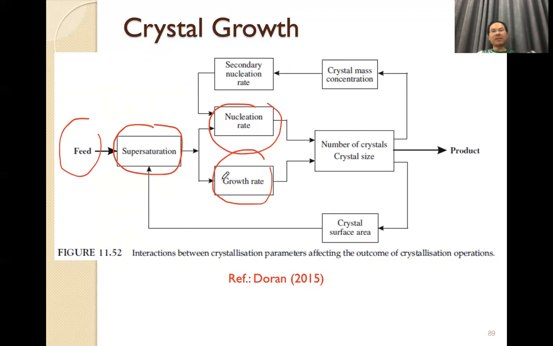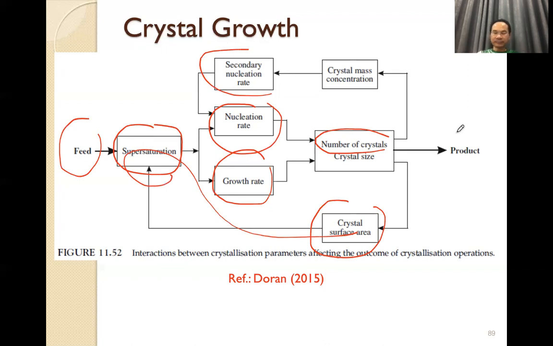The growth rate affects the surface of the crystal: you diffuse to the surface of the crystal and then go to the active site. This affects the crystal growth and also the supersaturation. The nucleation rate concerns the number of crystals, which depends on the crystal mass concentration and the secondary nucleation rate. This also affects the nucleation, and then you get the product.